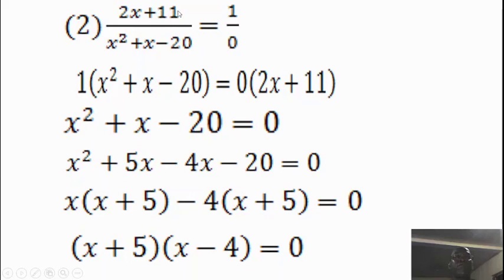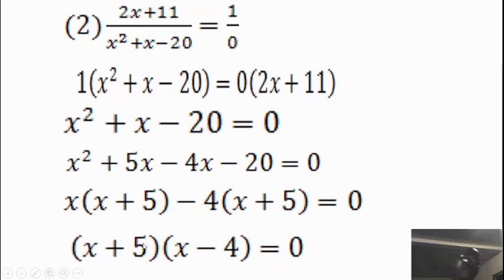2x plus 11 all over x squared plus x minus 20 is the next expression. Equate it to 1 over 0 and do a cross multiplication again. This one has resulted into what we call a quadratic equation, which can be solved by any method that you know. Here we are employing factorization, upon which we landed at x plus 5 into x minus 4 being equal to 0.